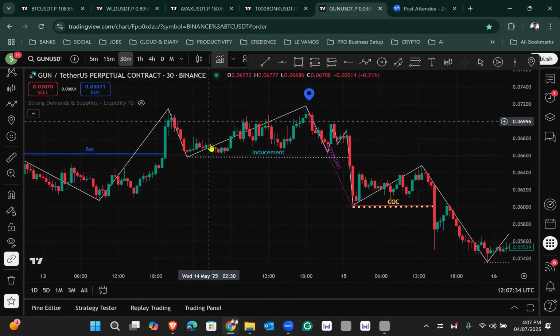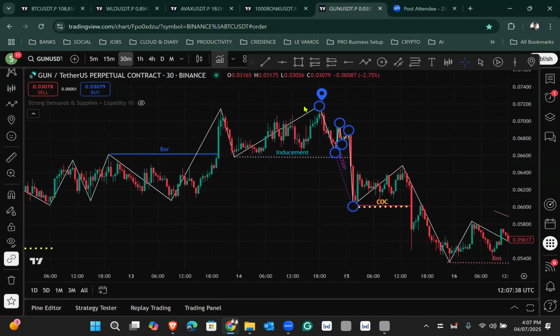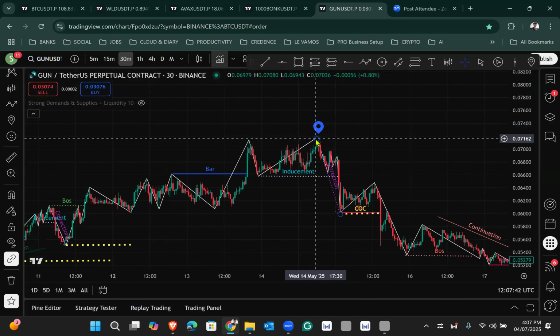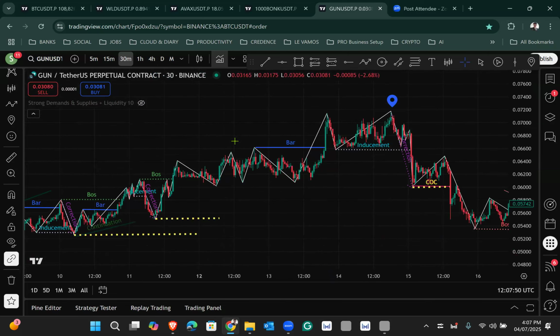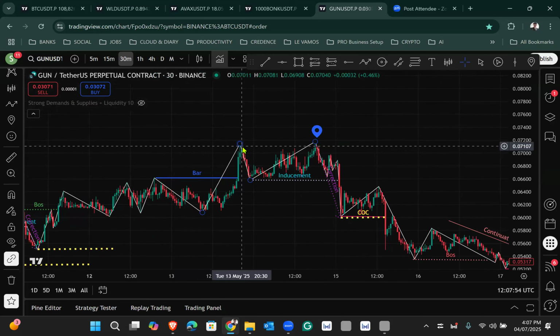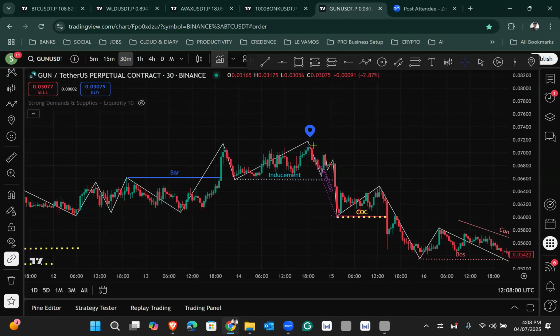This is the higher low from the uptrend part. From the uptrend, this is the end point of the uptrend. You see here the inducement. Can you write higher low, higher high there? Let's see. Okay, right.